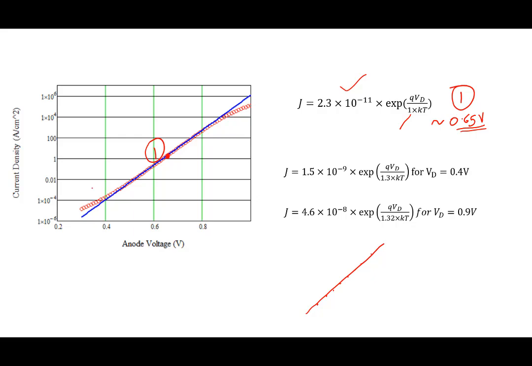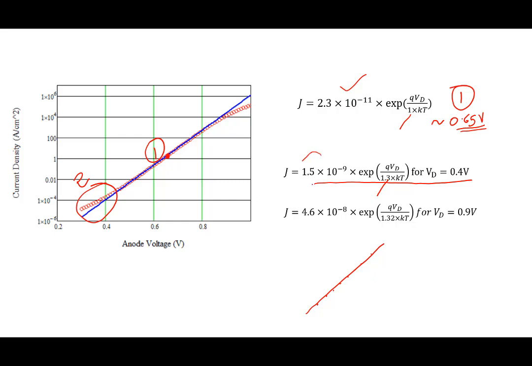Now when I look at region number 2, I get this equation, around 0.4 volts. Of course, I'm not expecting that you would take exactly 0.4; some 0.35 or whatever you've taken is okay. Here the ideality factor is increasing, 1.3, maybe 1.4, depending on what you have taken.